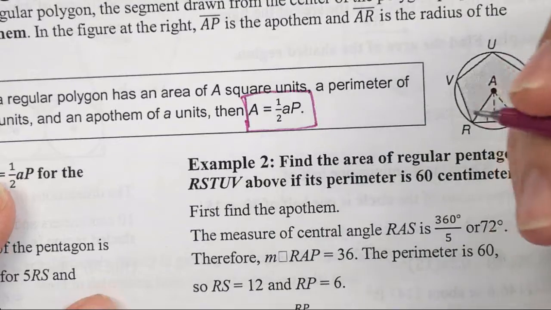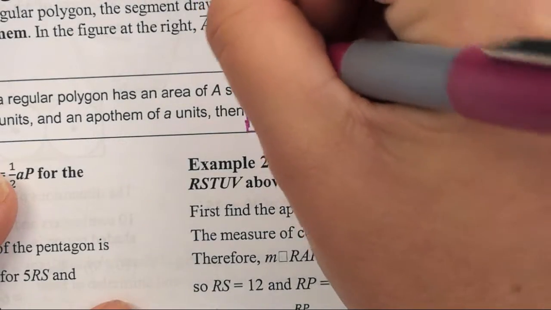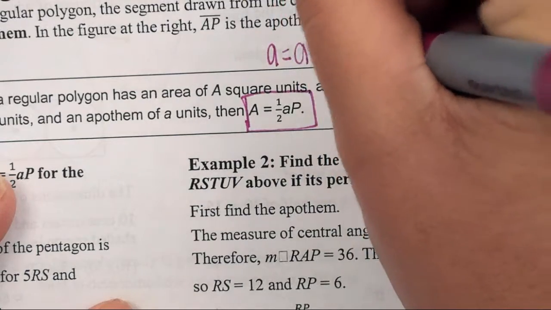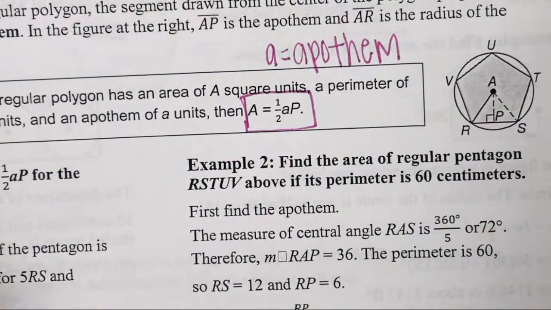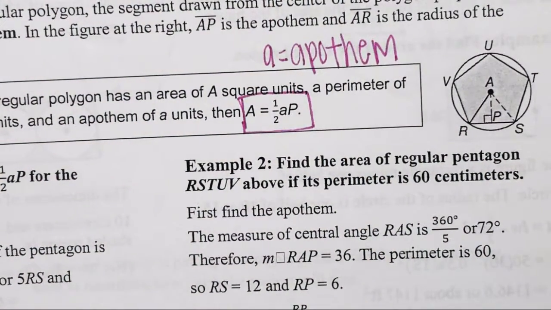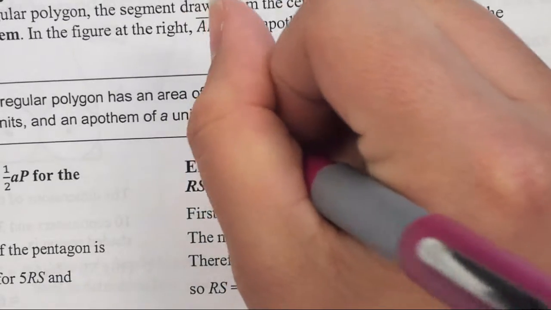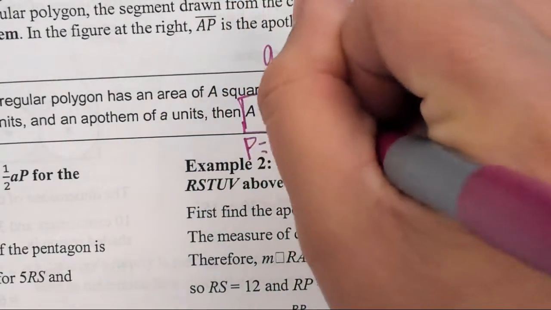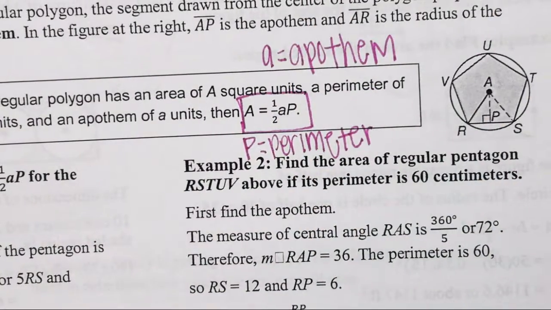There's this terrible thing that the little a stands for, and it's called the apothem. Does that sound scary? Sounds like I'm saying possum. Apothem. The P isn't bad. P just stands for perimeter. You literally use something from almost every chapter we've covered so far.